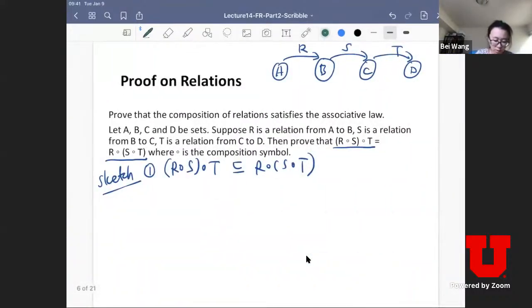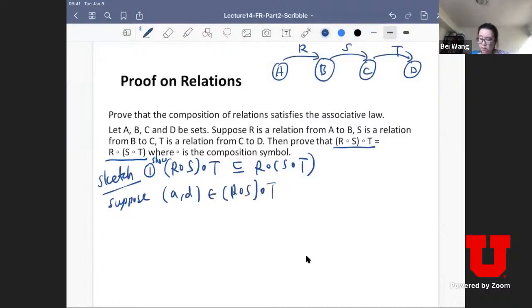So now how do we prove this? Suppose we have AD that belongs to the left-hand side. What does this mean?